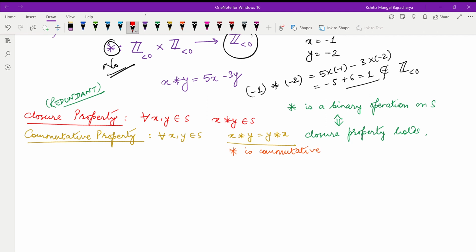And similarly, we have another property called the associative property.